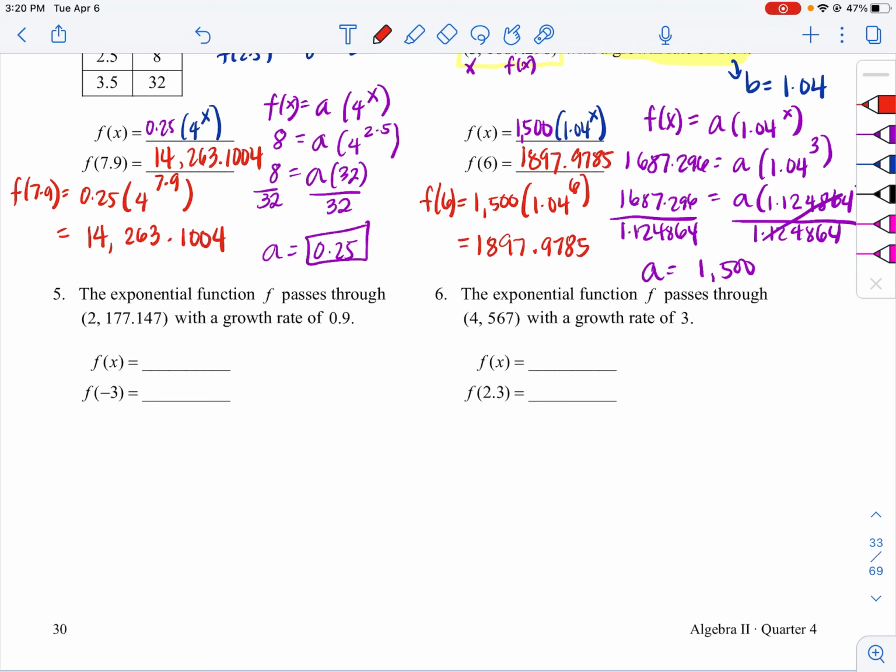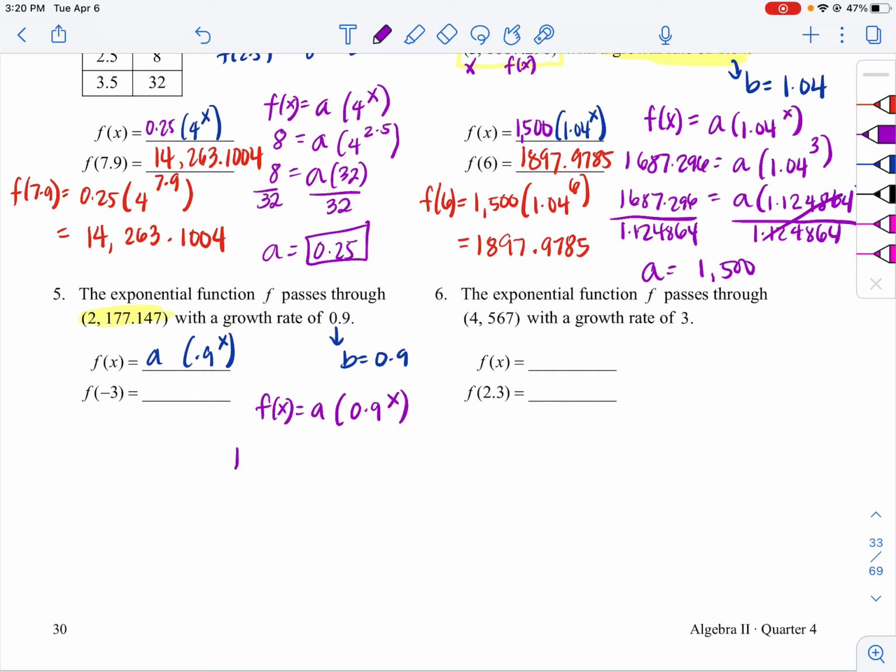This number right here is our b value. And so I am just going to put 0.9 to the power of x right away. And I will now be solving for my a value because that's still not given to me. So I am going to be using this point as my x and my y value.